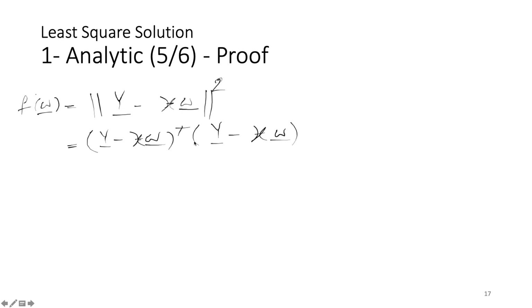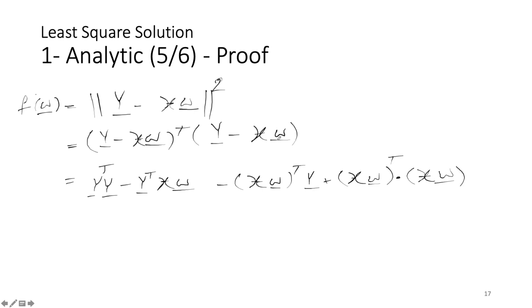Now we just have to do another expansion. We multiply the second term by the first one, and the second term by the second term, and then we arrive here. So we have y transpose y, minus y transpose Xw, minus Xw transpose y, and then Xw transpose multiplied by Xw, right?